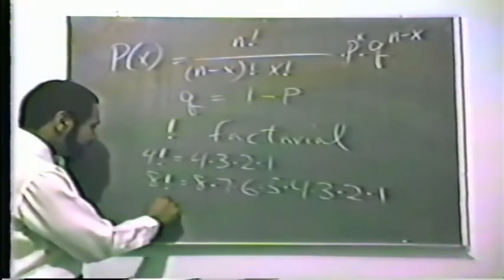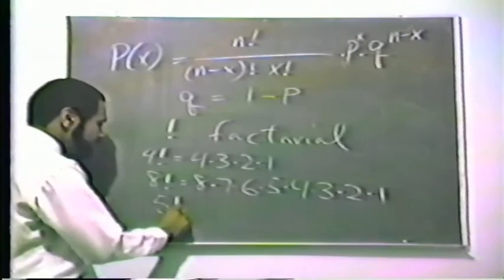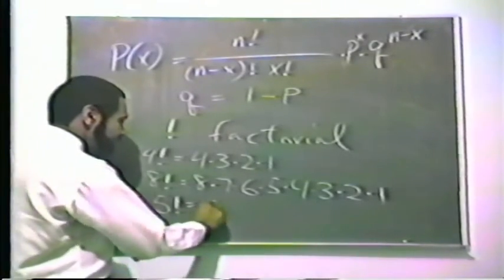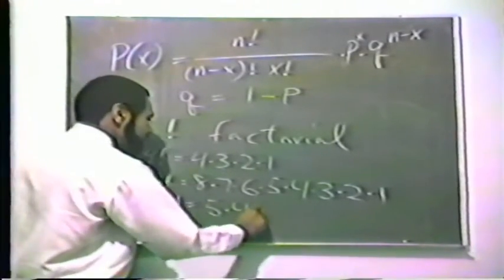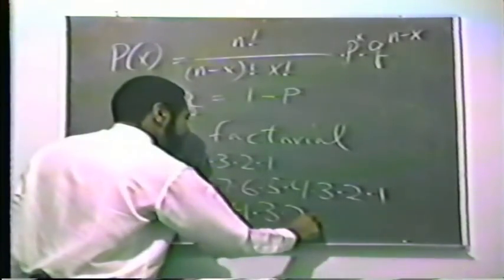If I have 5 factorial, that means 5 times 4 times 3 times 2 times 1.